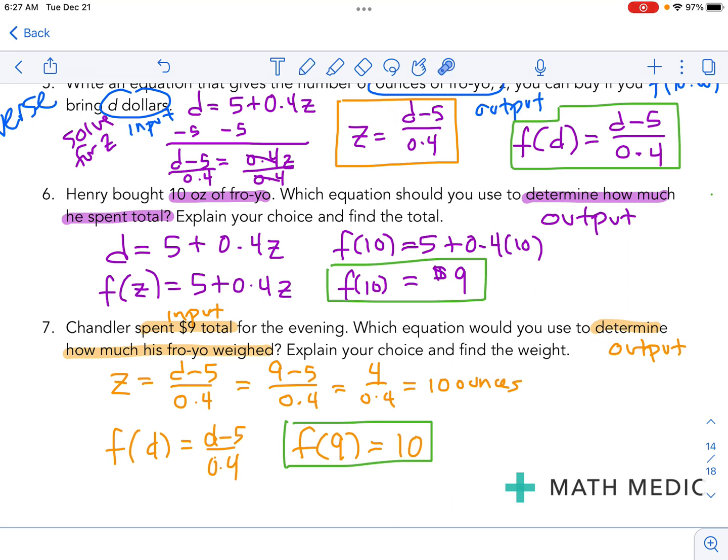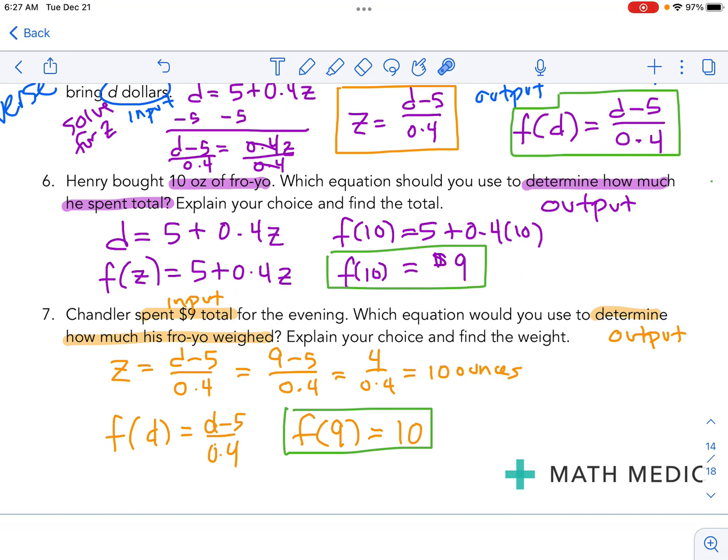So we have that switching of the inputs and the outputs, so to speak, the 10 and the 9, right? The input here was 10, the output was 9, and on the inverse, the input is 9, and the output is 10. So that's the whole idea of an inverse, the switching of the x's and the y's, so to speak, or the inputs and the outputs.